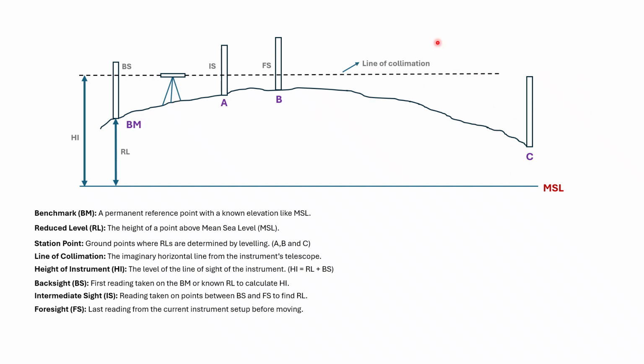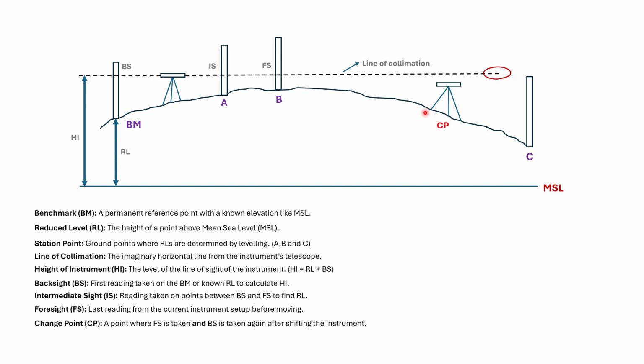Because if you see this line of collimation, it is not intersecting with this level staff, so we can't find the height of this point from the line of collimation to the point C. So in order to get this elevation, we would be moving our theodolite to some other point where we can easily get the height of point C. So let's say we are moving our station or theodolite to this point.